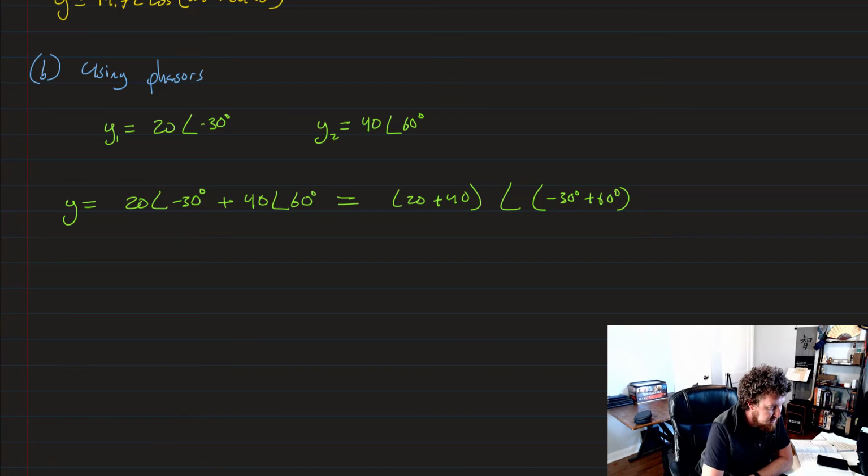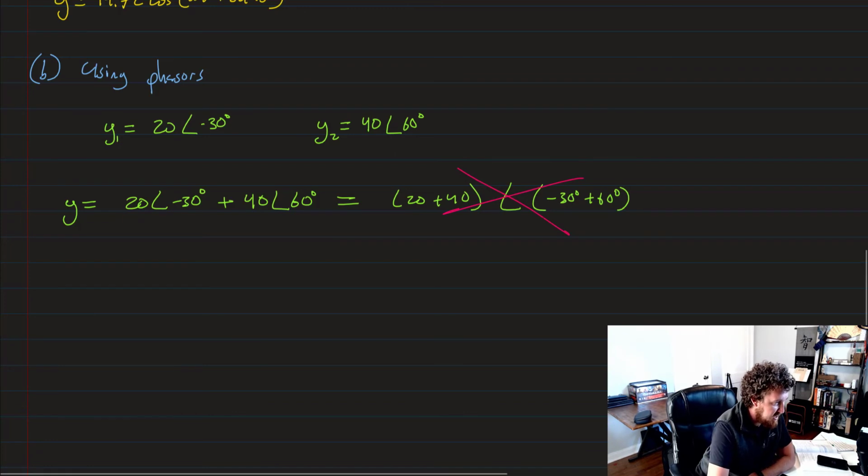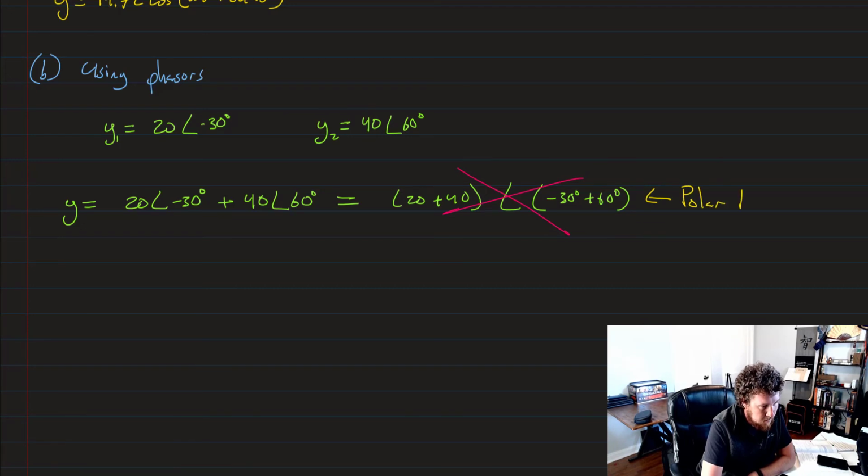Now, if these coordinates are in the same line on the complex plane, this will actually work. But most of the time, that doesn't work. And we have to take our phasors from this form, which is polar form, and we need to convert them to rectangular form. So let's quickly make a note of that.